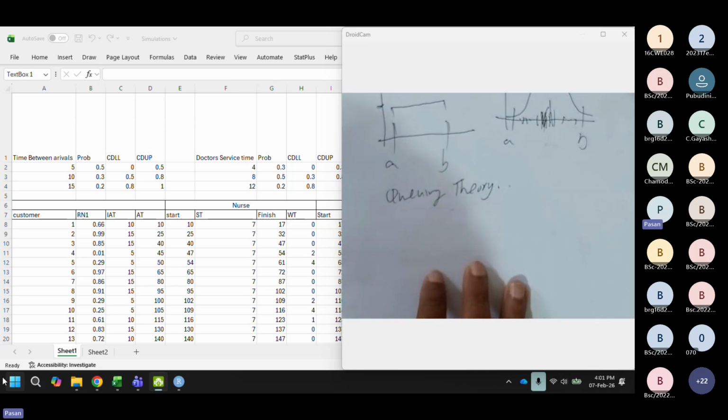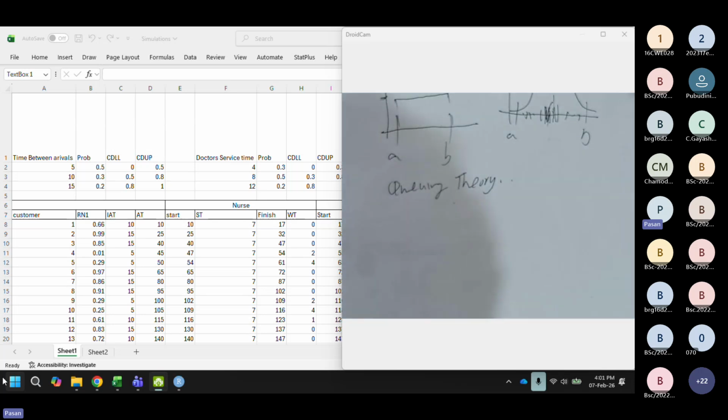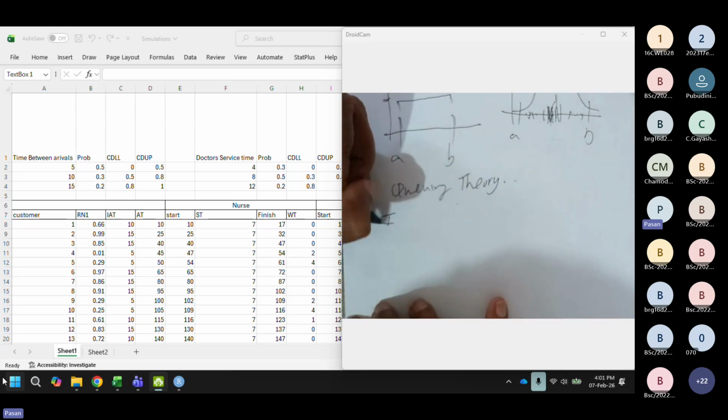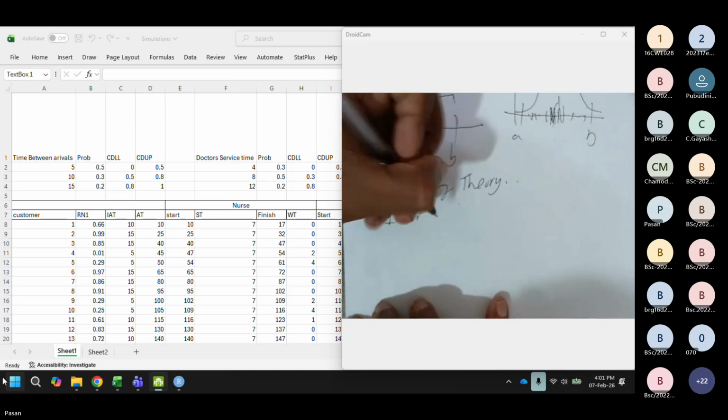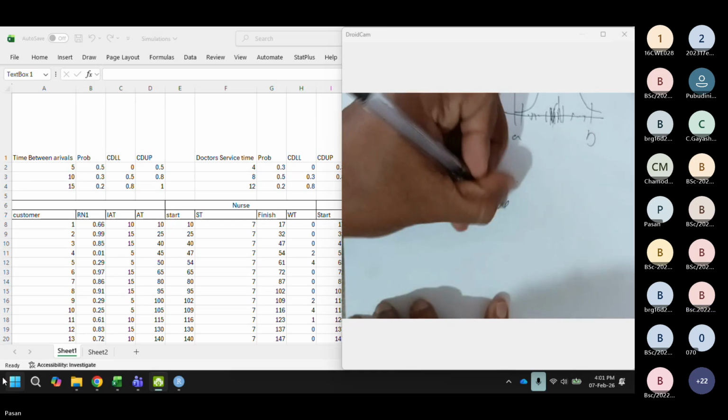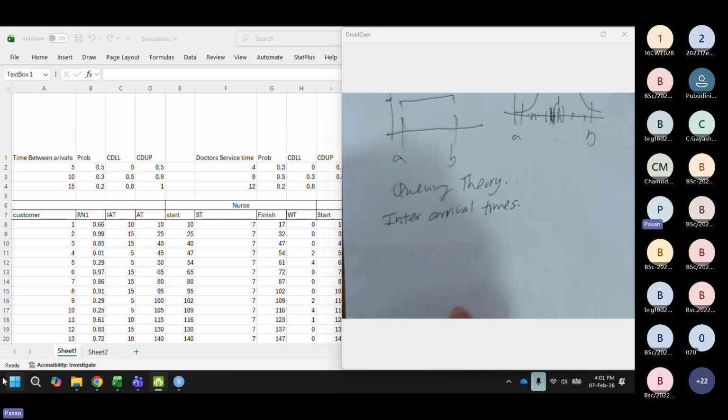If you think about queuing theory, whenever you are describing a queue, the important topics that we have to follow in a queue are the inter-arrival times.